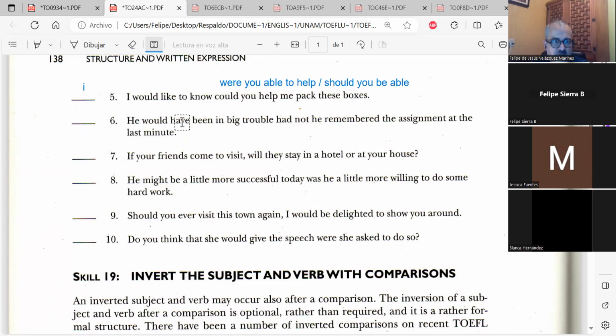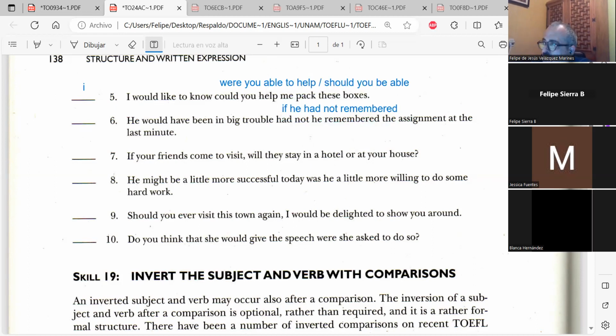He would have been in big trouble if he had not remembered. If he had not remembered, we eliminate if and place had at the beginning. Had he not remembered? But we don't have the if. No, we don't have if, but you have to know that if should be here.